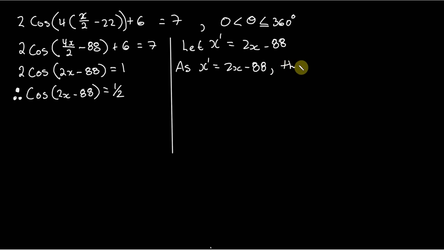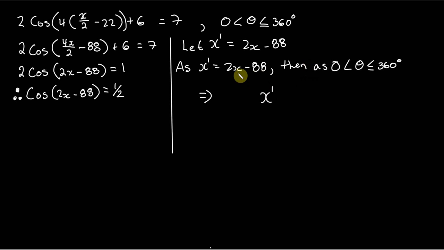We can say then, as theta is greater than 0 and less than or equal to 360 degrees, it follows that big X prime, now this is the part where we manipulate the interval.